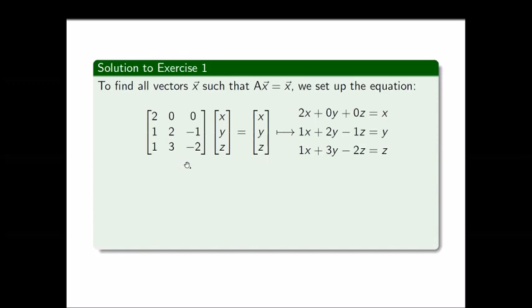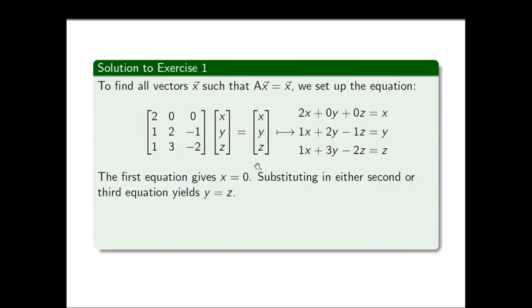This matrix equation now corresponds to a linear system given by these three equations. And I can take the x, y, and z onto the right-hand side. So the first equation gives us that 2x is equal to x. That is, x has to be 0.